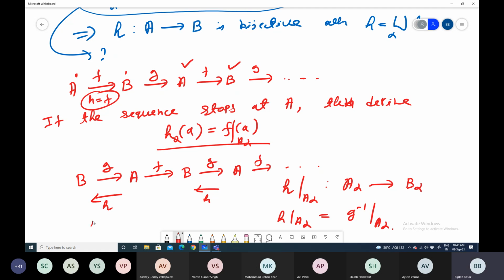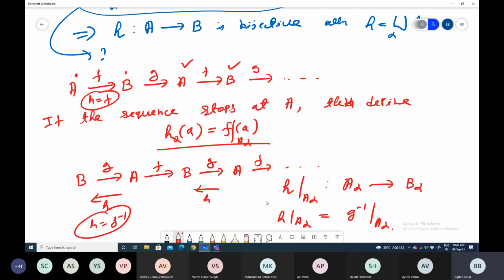So if the sequence stops at A, then we define H equal to F. If the sequence stops at B, we define H equal to G inverse.